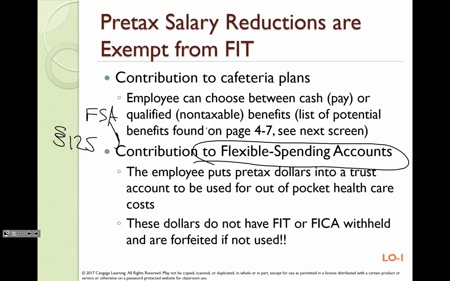So in other words, if you've got a flex spending plan at your job, daycare bills are pretty predictable, you know what they are. But medical bills, you know you're going to get your annual exam and you're going to go to the dentist twice and you're going to get your eyes checked. You can predict certain things and you can pencil those out. But most of us don't know, oh, I'm going to break my shoulder in April, right?